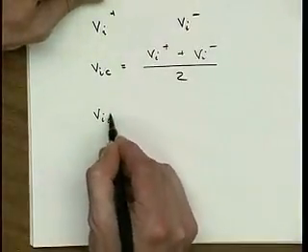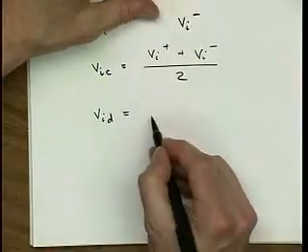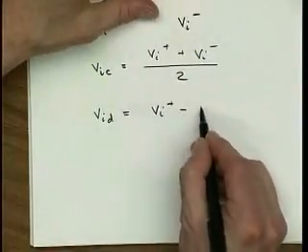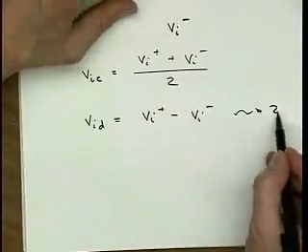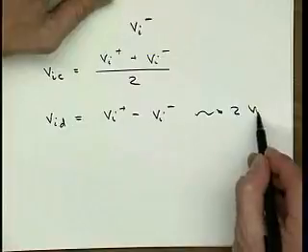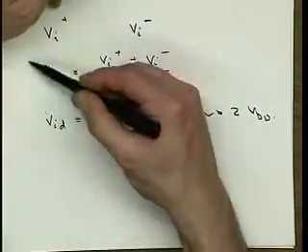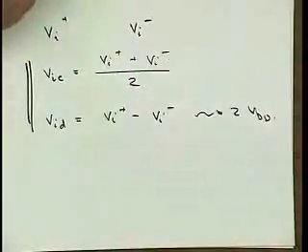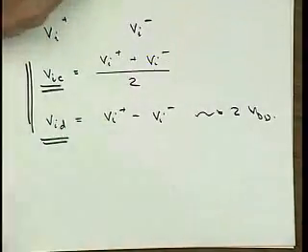There is also VID, and that is the differential between these two voltages. So that would be VI plus minus VI minus. And again, that would have then this twice range to VDD or whatever the output range was. So most of the time, what we want are really these quantities, because this is our signal and this is our garbage.